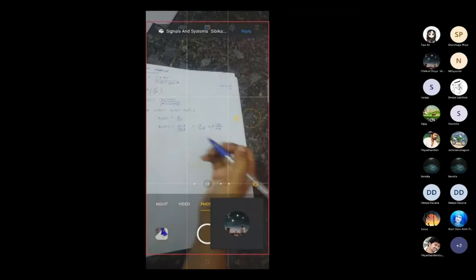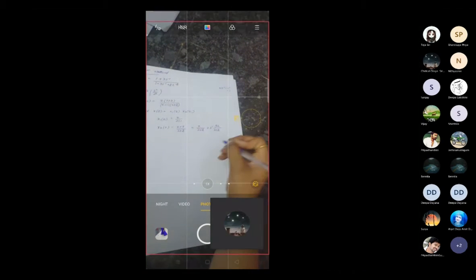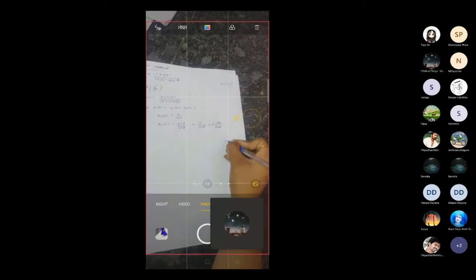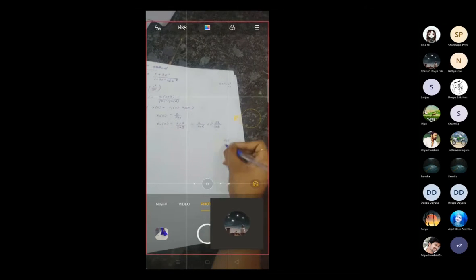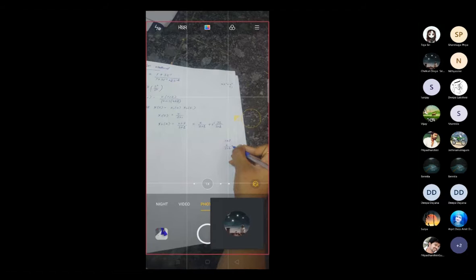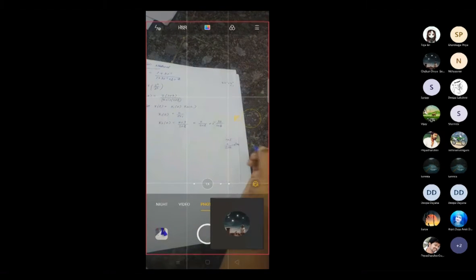What is the inverse z transform? Yesterday itself I told you: z divided by z minus a gives a power n into u of n.